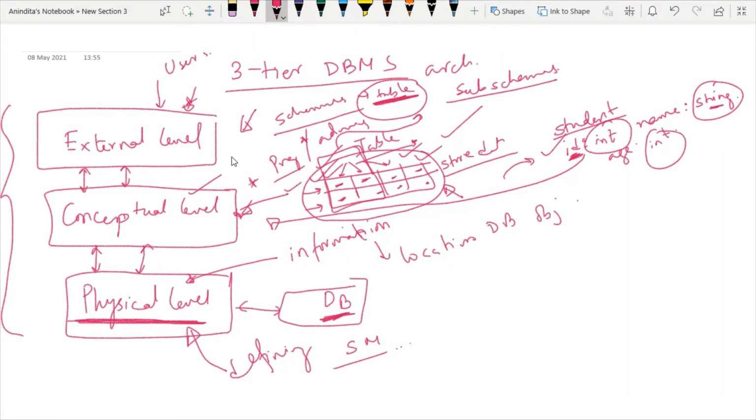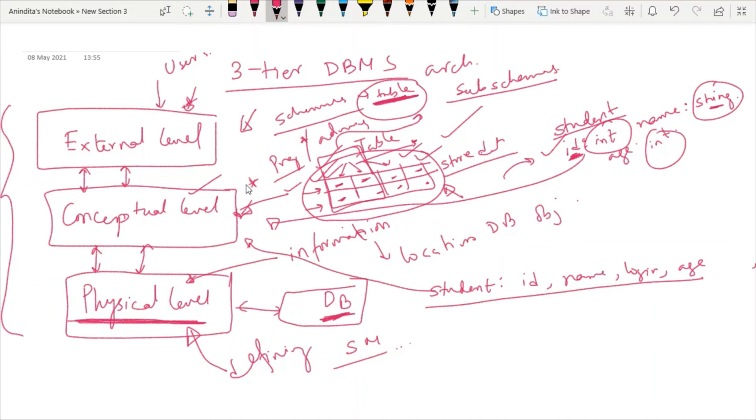Say in the conceptual level, I have one table or schema which is known as student. Within this table, I have information about student ID, student name, student login information, and student age information. So this is my complete schema that exists in the conceptual level.